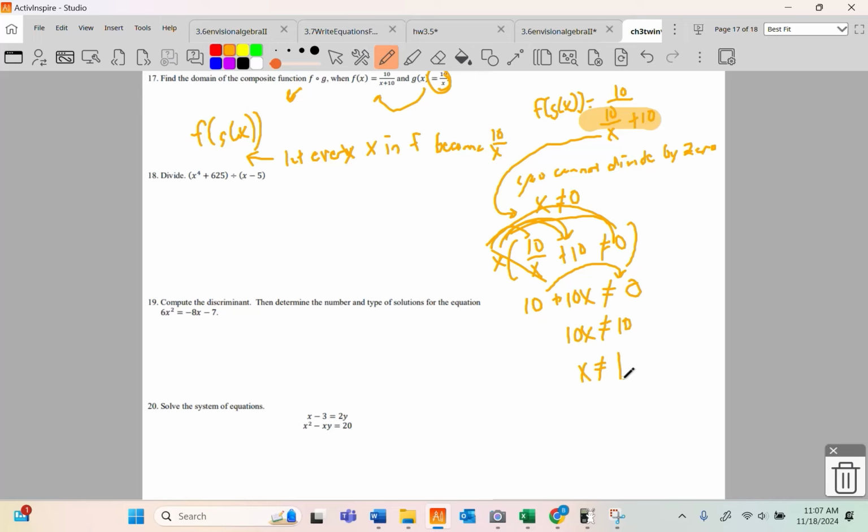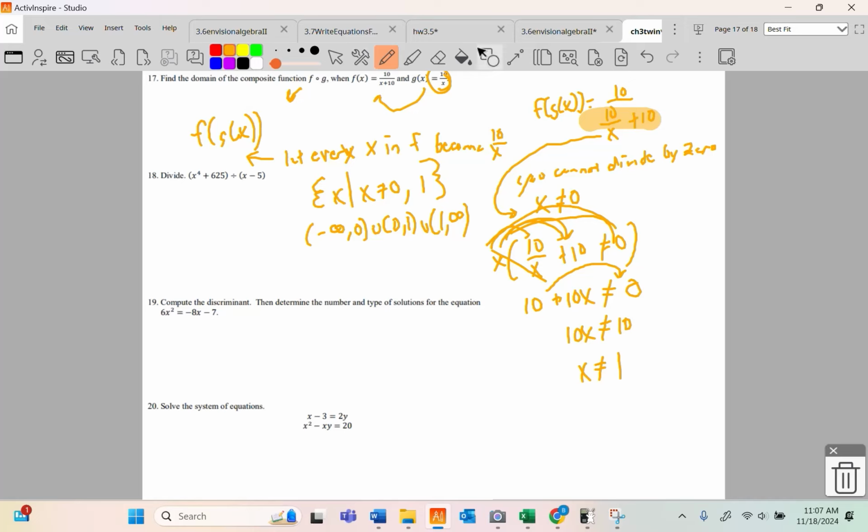So I learned two things. x can't be 0, x can't be 1. If I like my old set builder notation, x cannot be 0 or 1. If I like interval notation, which I do, I'm negative infinity to 0, unioned with 0 to 1, unioned with 1 to infinity, because I'm everything else.